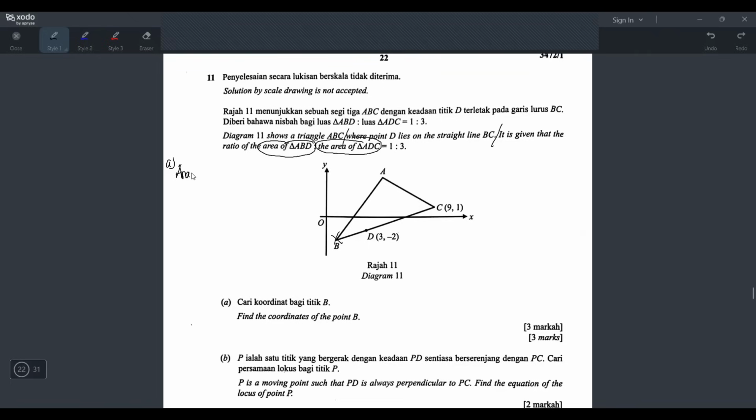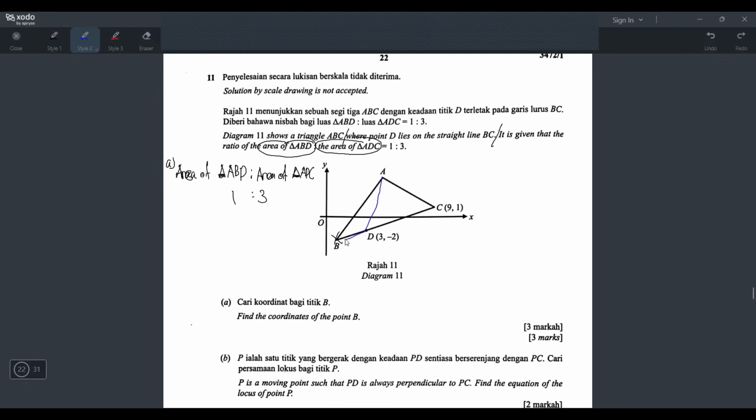Area of triangle ABD to area of triangle ADC is 1:3. Okay, if you look at the ABD triangle, I will use blue color pen. ABD is this one, right?